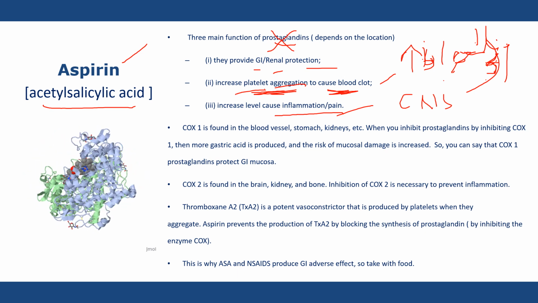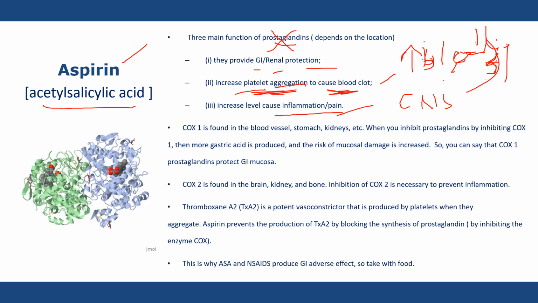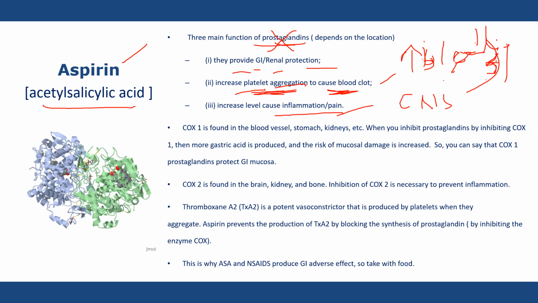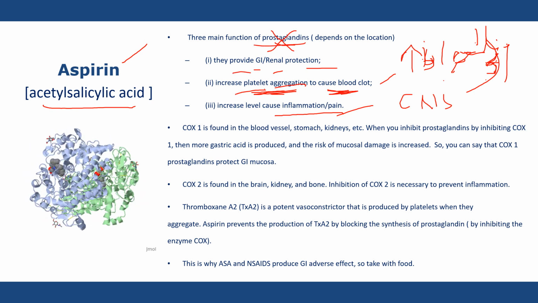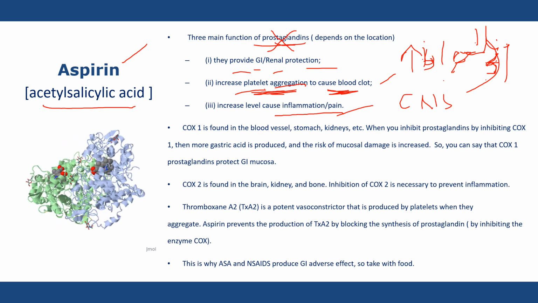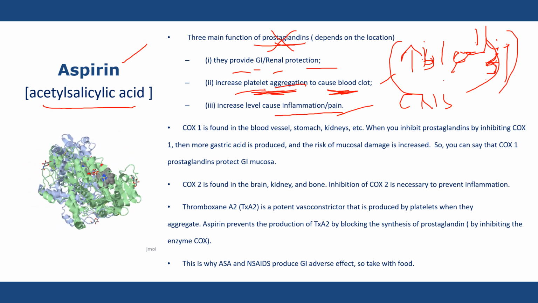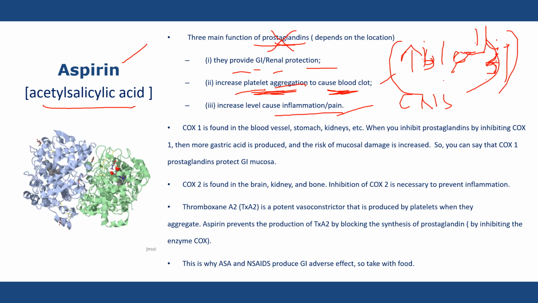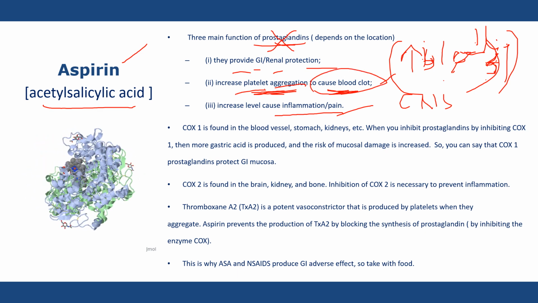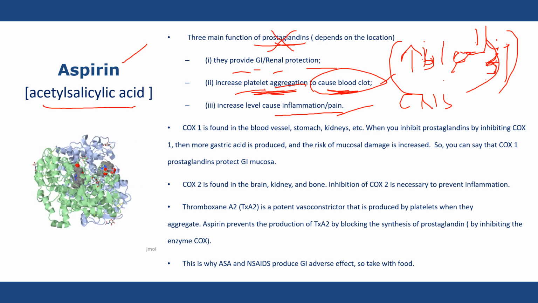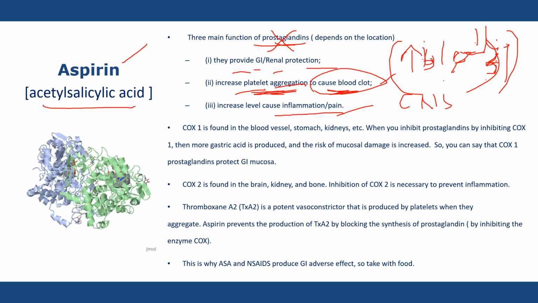But the side effects are, because we inhibit prostaglandins everywhere, we are going to cause some GI issues, renal issues, and put the patient at increased risk of bleeding. But that can be used in a therapeutic way: if the patient is at high risk of blood clot, we can use baby aspirin to minimize that risk.